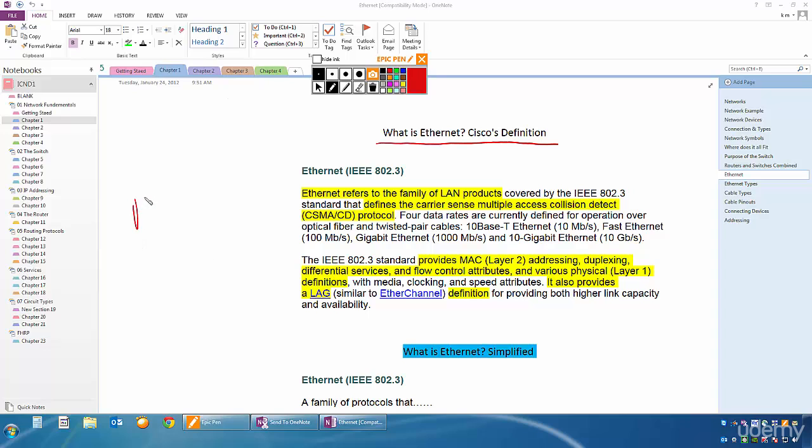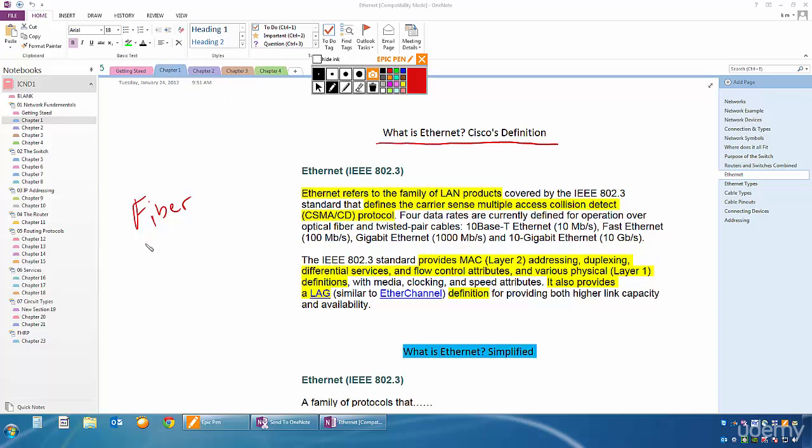So if I send this over a fiber cable, our media is fiber. If I send it over an Ethernet cable, well, that's funny because we call it Ethernet cables. This becomes a term that we use as a means of saying we're using an Ethernet cable.